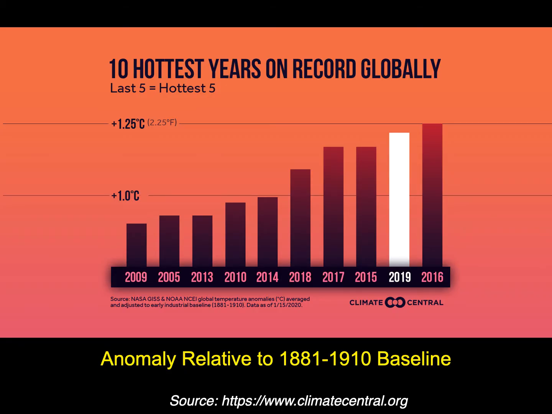So here is a list of the 10 hottest years recorded globally, and it's relative to a baseline of the temperature of the planet between 1881 and 1981. And we can see that the warmest years have all occurred roughly in the last decade.